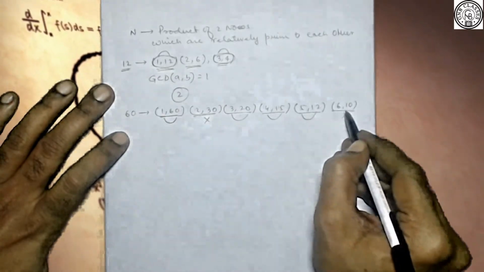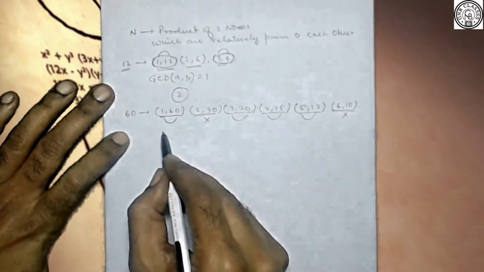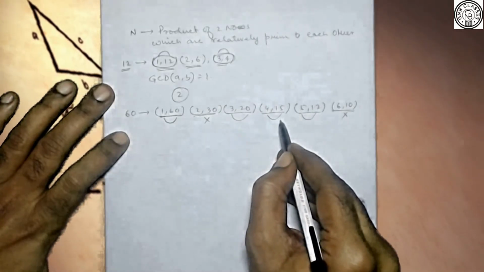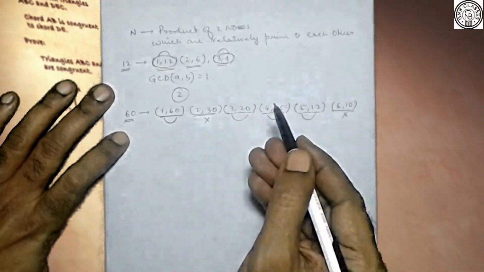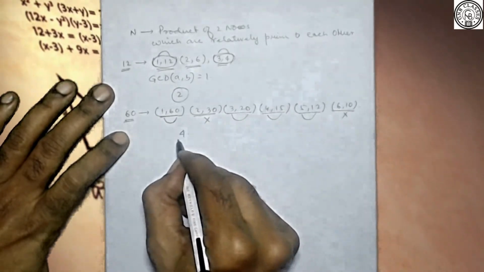But 6, 10: no, because the GCD of 6 and 10 is 2. So there are 4 such pairs in which 60 can be expressed as a product of two co-prime numbers. So here the total number is 4.